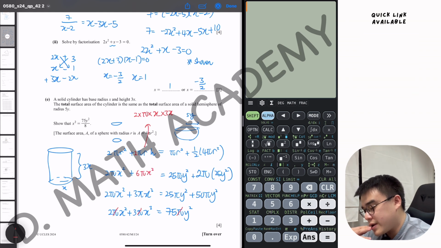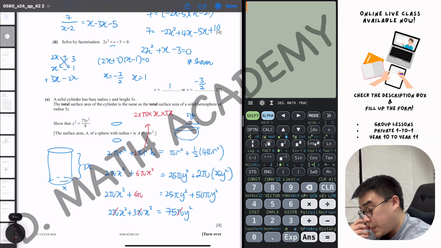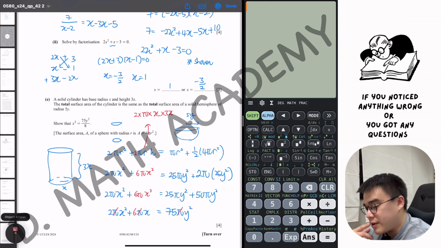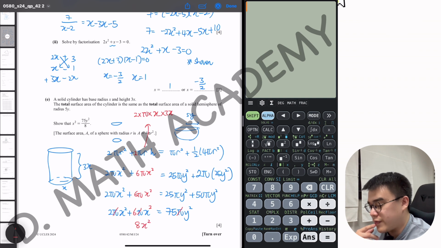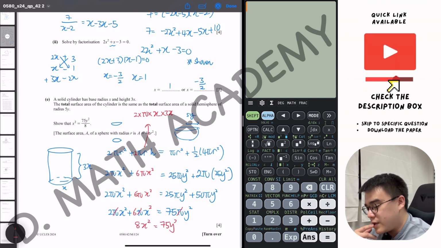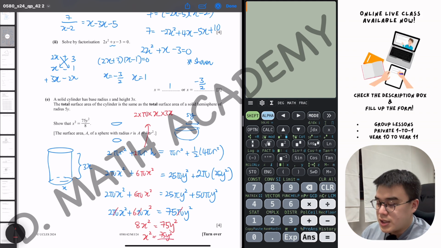So when you have 6 pi x squared and you cancel them off, you will get 8x squared equals 75y squared. And your x squared will just be 75y squared over 8.